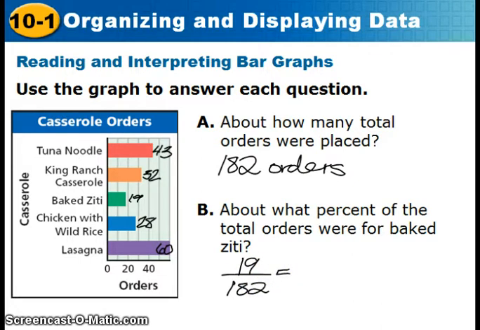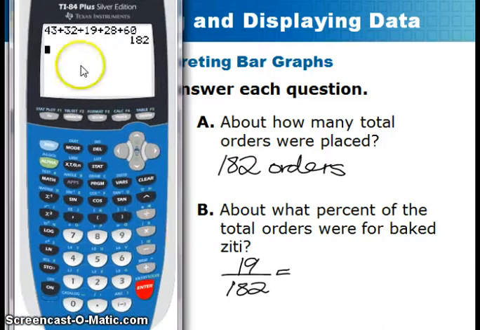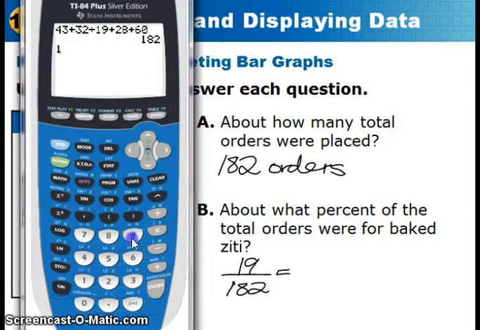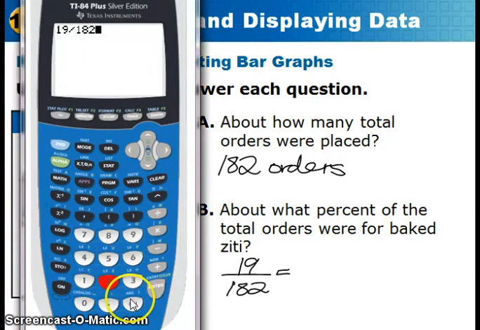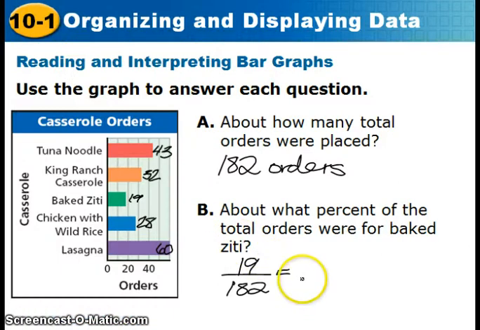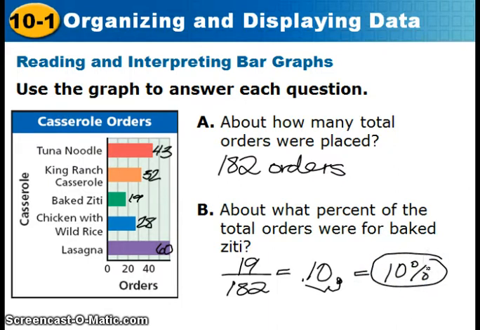So I'm going to bring our graphing calculator back in here, and we'll do 19 divided by 182, which gives you 0.104, or we'll say 0.10. And 0.10, if you move the decimal place over 2, we know gives you 10%. So about 10% of these casserole orders were for baked ziti.